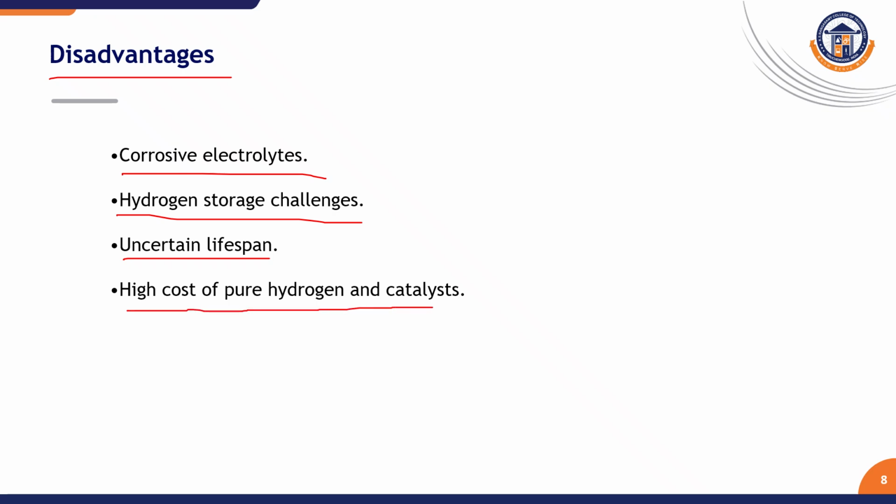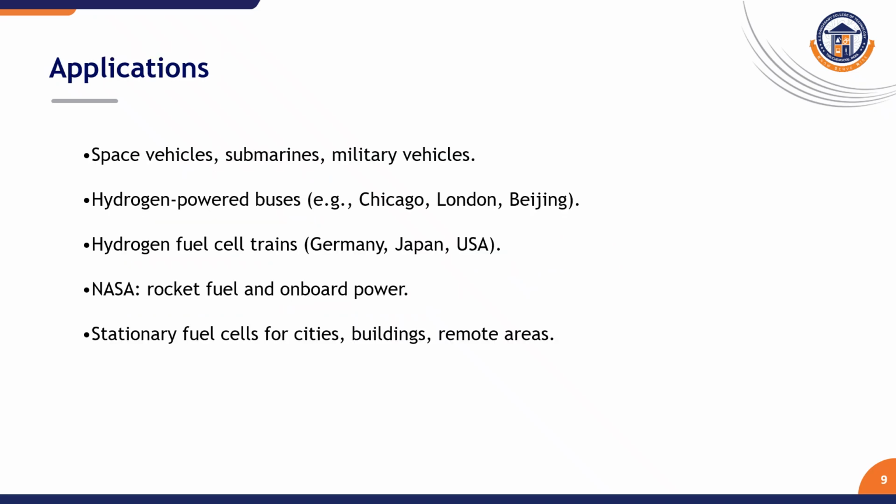The catalysts we are using are platinum, which is costly, and palladium-silver alloy, which is also costly. So the high cost of pure hydrogen and catalyst is one of the disadvantages.